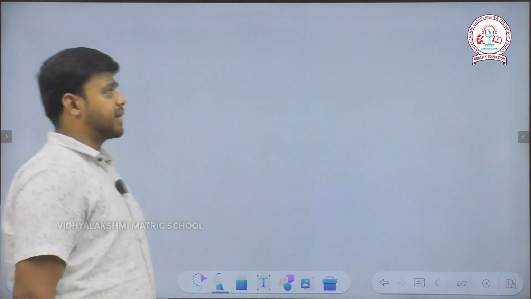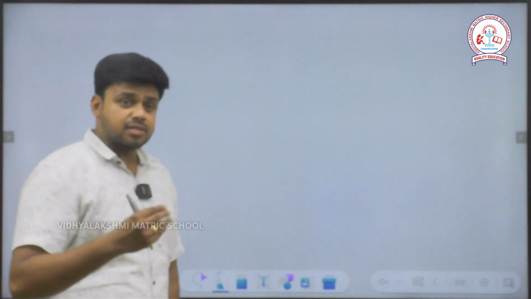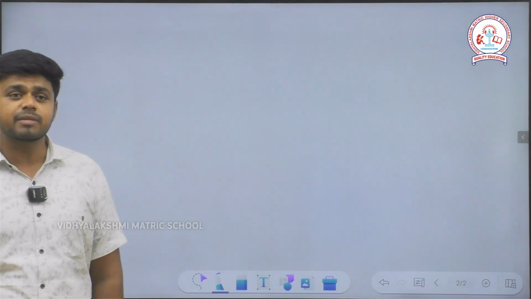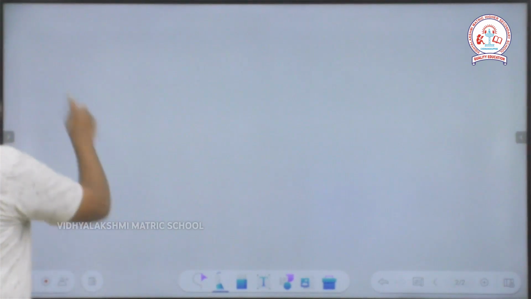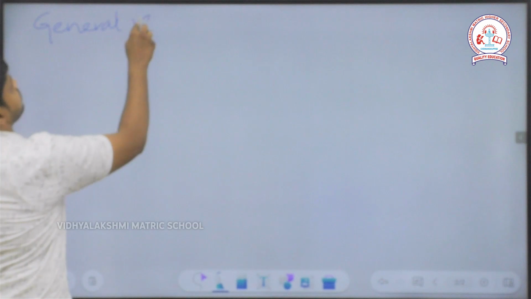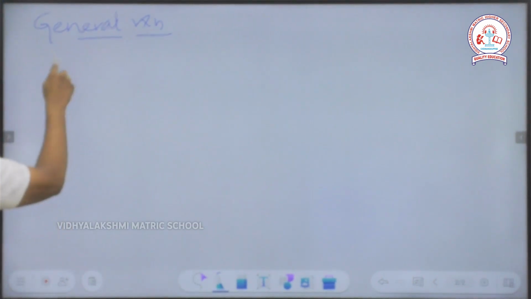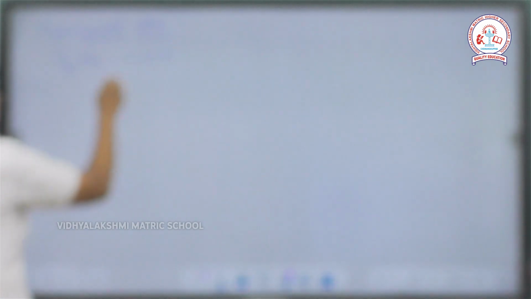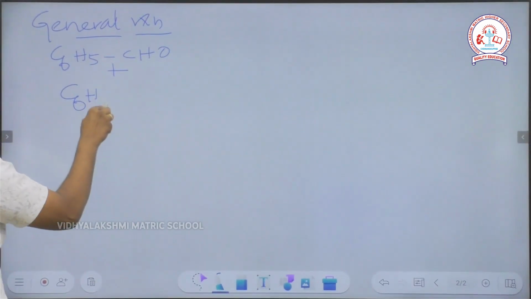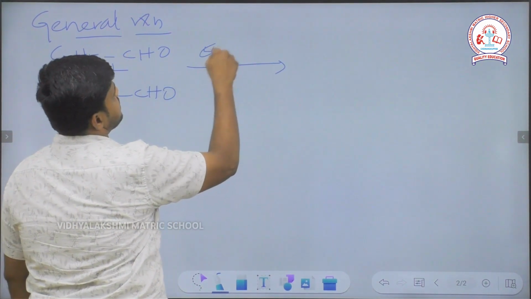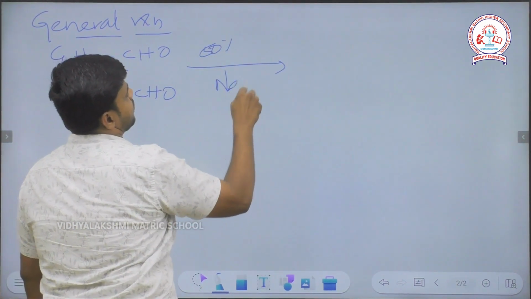Before getting into the reaction mechanism, if the mechanism is asked in a 5-mark question, 2 marks will be allocated to write the general reaction. The remaining 3 marks will be allocated to write the mechanism. First, to begin with the general reaction, 2 molecules of benzaldehyde react with each other in the presence of 50% NaOH.